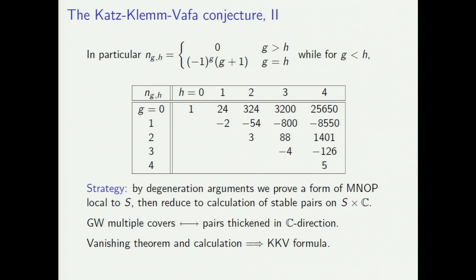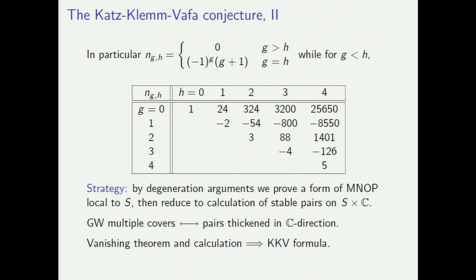So actually, it's either on the K3 surface inside the twistor space or the K3 surface itself times C. And that will eventually reduce everything to a calculation of stable pairs on this threefold, where you can use localization in the C direction.